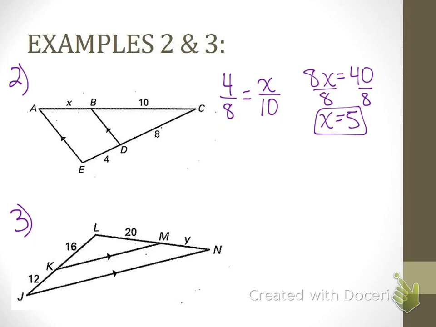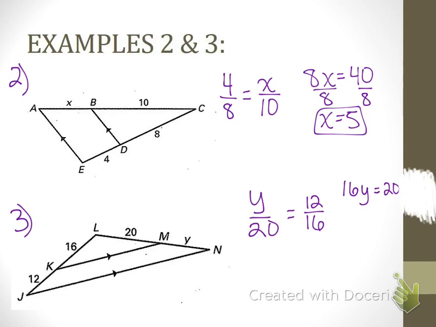Somebody else, can you tell me the proportion you set up for number 3? Y over 20 equals 12 over 16. Good, y over 20, starting with this side that's kind of more on the right. Y over 20 equals 12 over 16. Your proportion could have looked a little bit different, but as long as you ended up taking 16 times y equals 20 times 12, then it would still be correct.